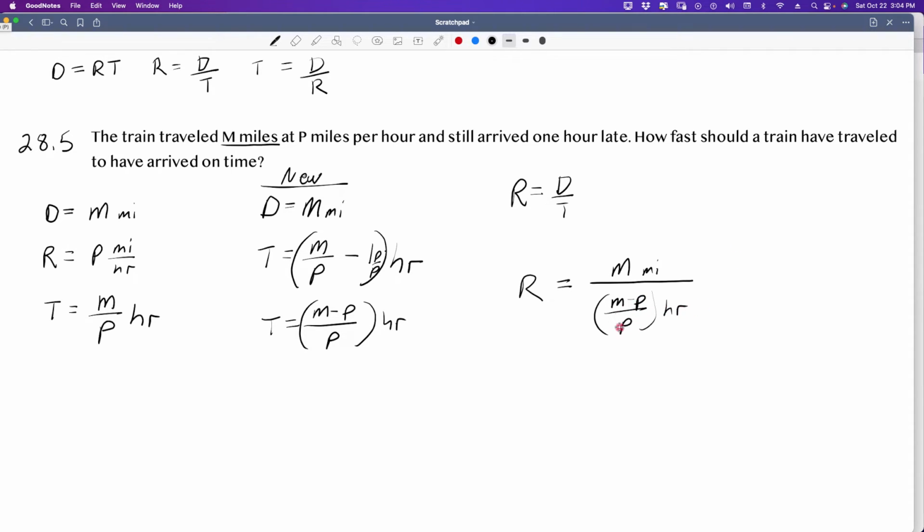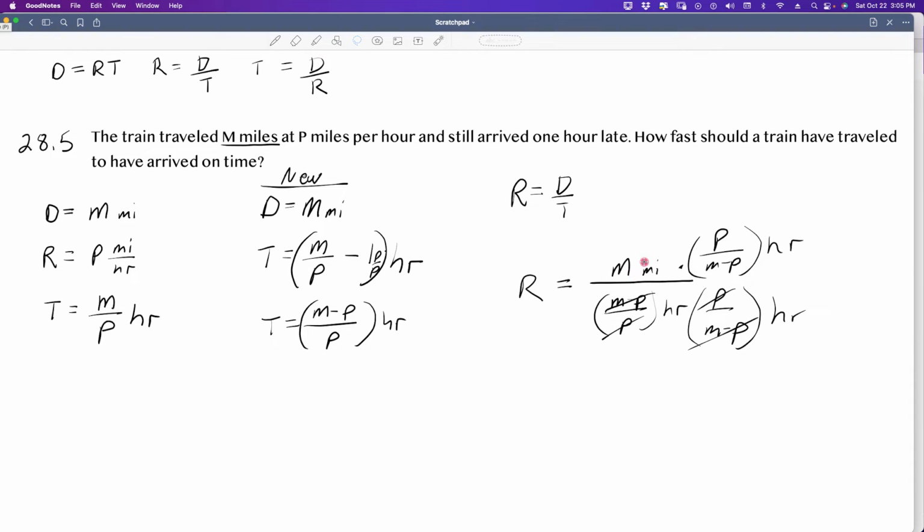So we're going to multiply this by p over m minus p, in hours, and this is going to be times p over m minus p in hours. And this cancels this.